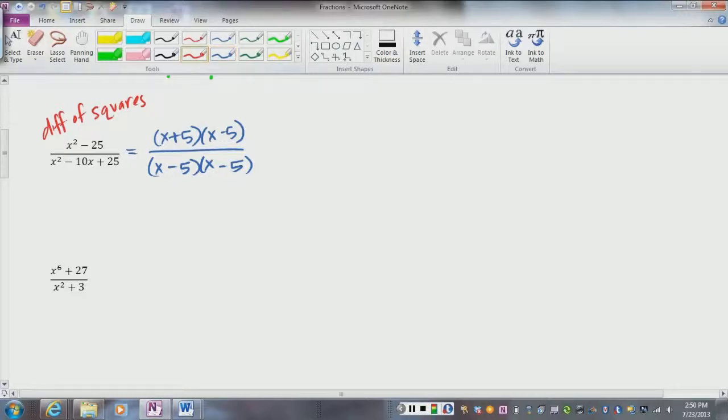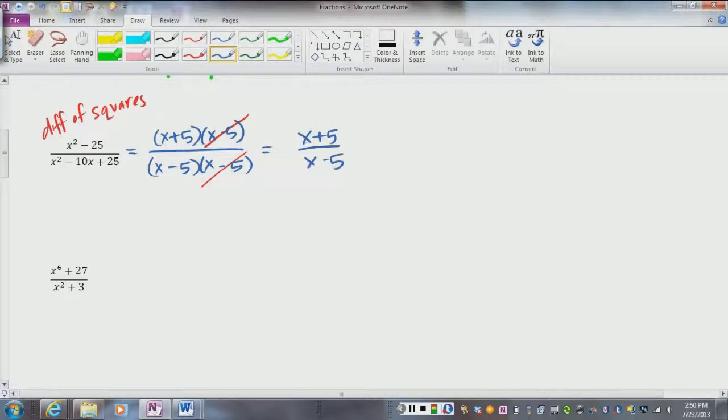Again, we can reduce by a factor of 1. I can cancel out these x minus 5s. I gather the leftovers, and the leftovers are x plus 5 divided by x minus 5.